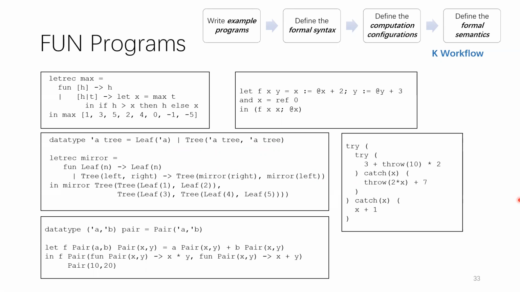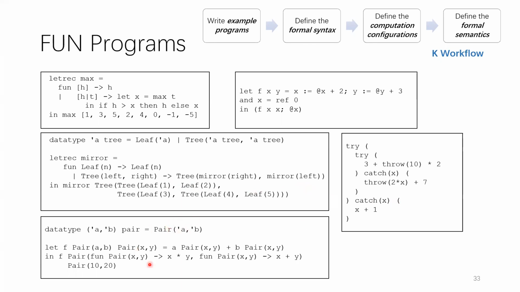Then we can define a recursive function called mirror, which does pattern matching on the two data constructors, leaf and tree. If it is a leaf, then nothing happens. If it's a tree, then it mirrors the right subtree and puts it to the left, and mirrors the left and puts it to the right, right? So it flips the tree from the left-hand side to the right-hand side.